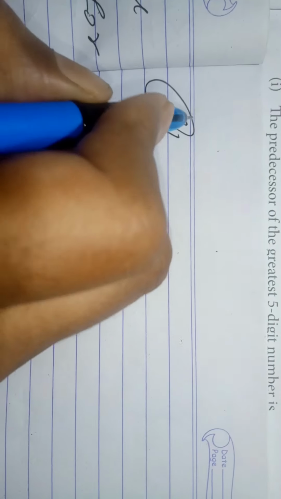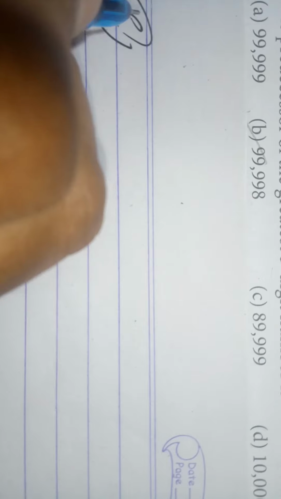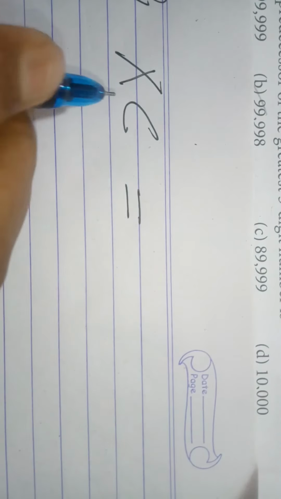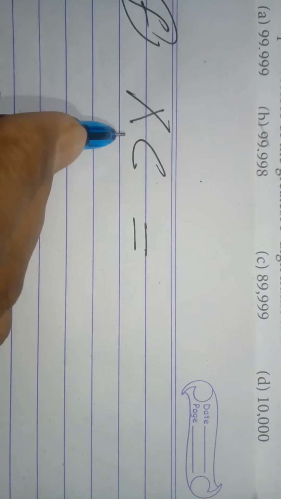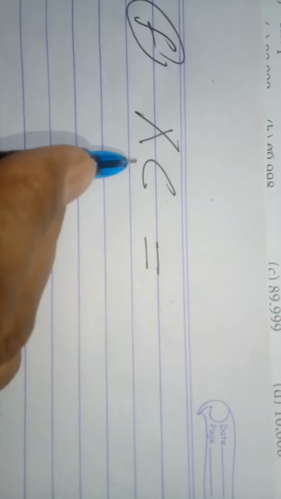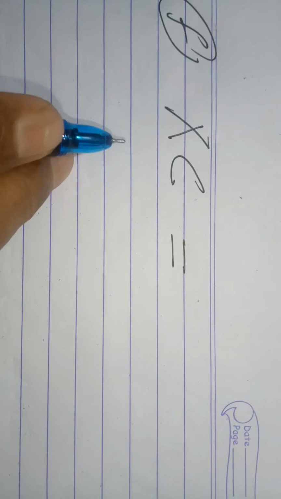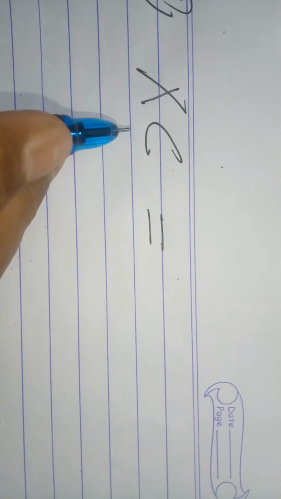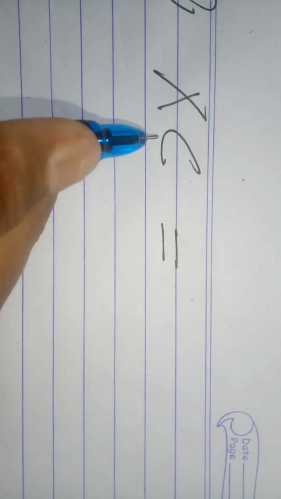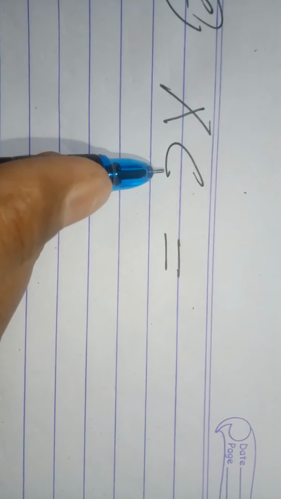F: XC. According to the rule, X when written to the left of L or C is subtracted.